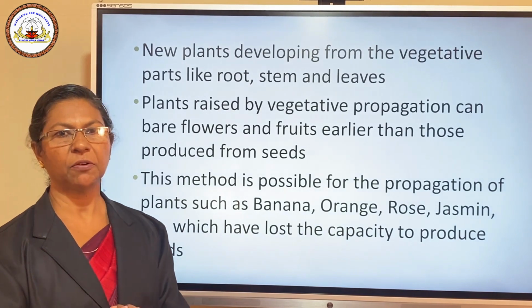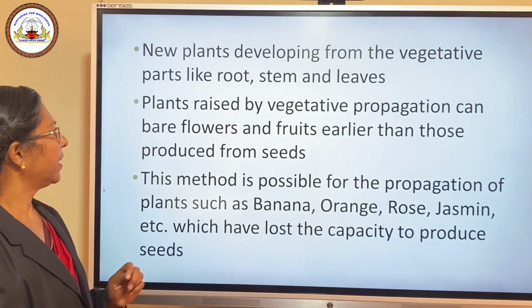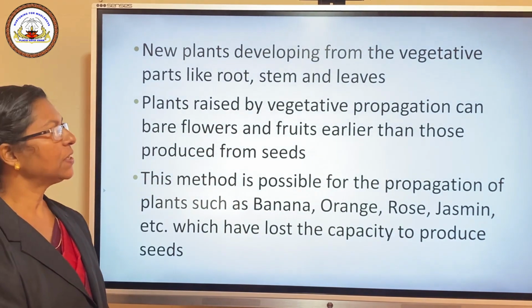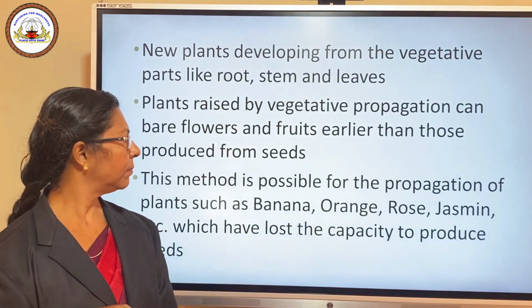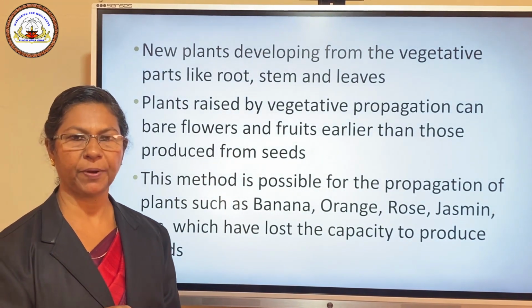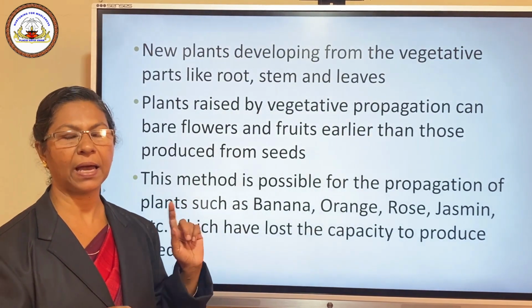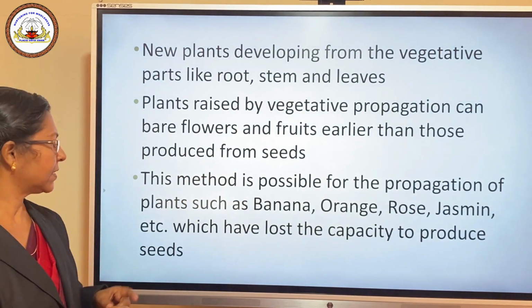What are the advantages of vegetative propagation? The plants raised by vegetative propagation can bear flowers and fruits earlier than those produced from seeds.